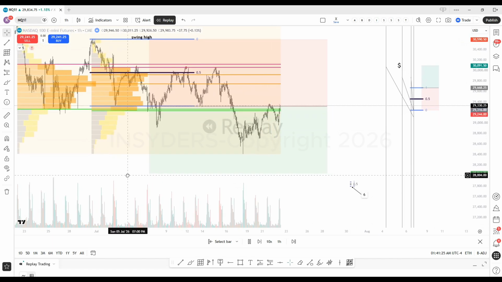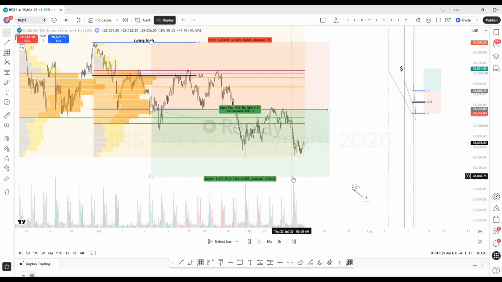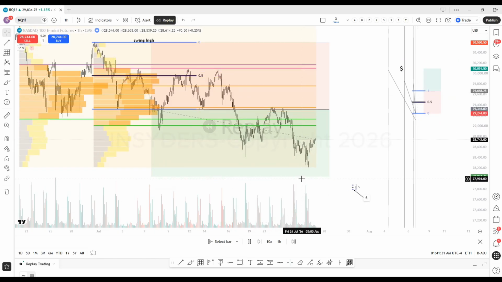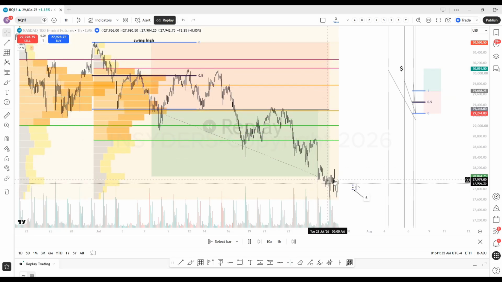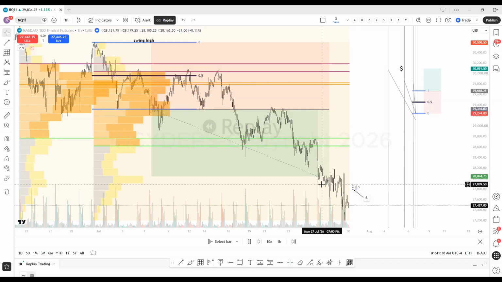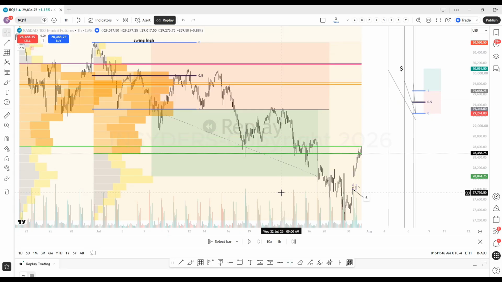And something that you're going to notice, you're going to have to ignore all this, but something that you're going to notice is that price tends to hit the 1-to-1 level and then actually reverse. You know what I mean? It will do that a lot because this is literally what Gann was talking about with using sacred geometry.